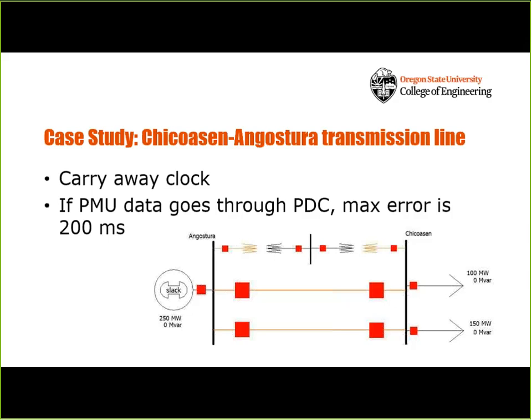This is where the GPS spoofing comes in. If a spoofer were able to access one of these, and the communication thinks they're in sync, carrying away the clock up to 200 milliseconds would cause a huge phase angle change and thereby trip the generator.